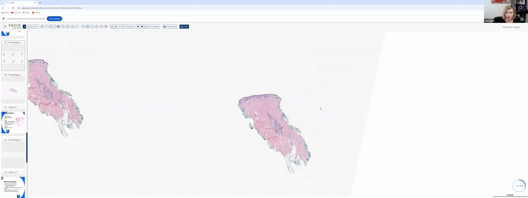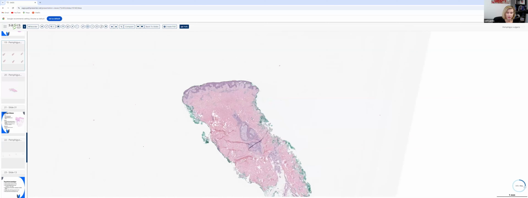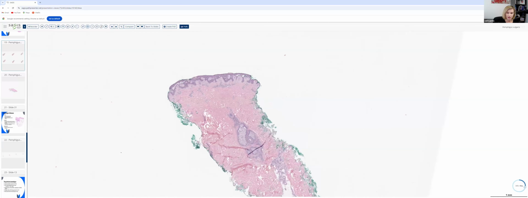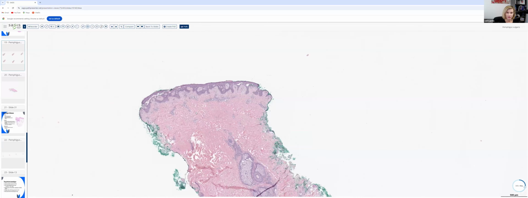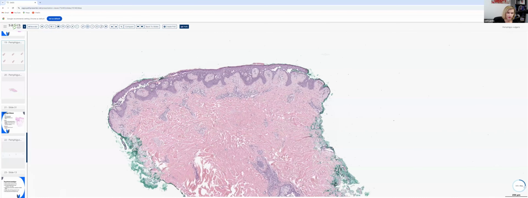Pemphigus can be fairly subtle histologically or show more exuberant features. There really is quite a range. And at this power, in the center of this lesion, we may consider a spongiotic process. But when we fully evaluate the epidermis, we can see that there are areas of suprabasilar vesicle formation.